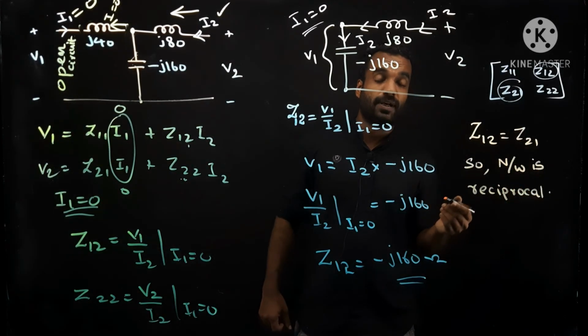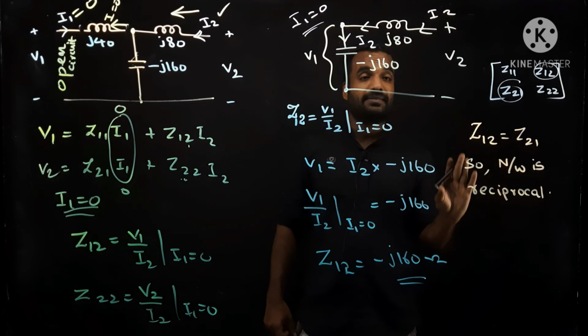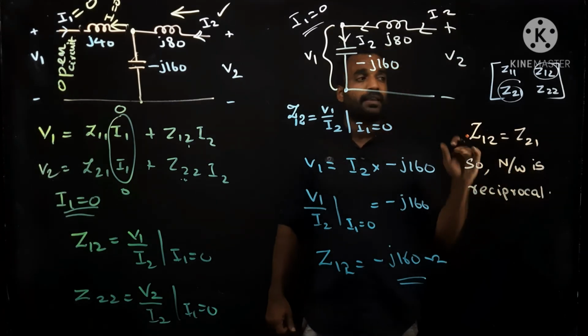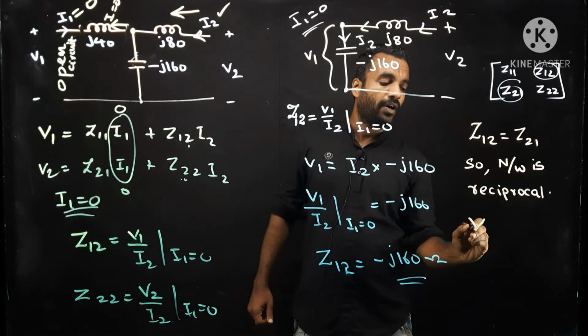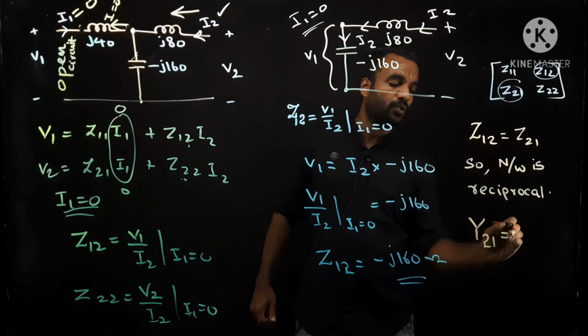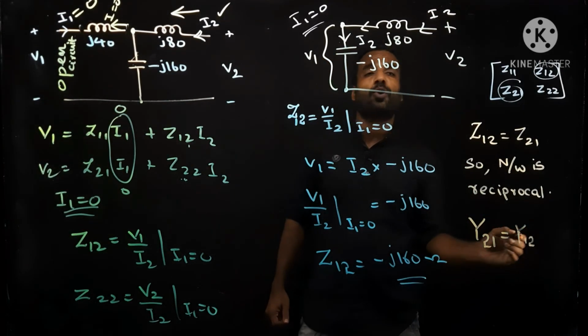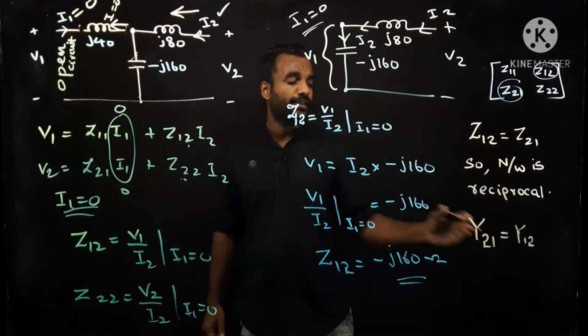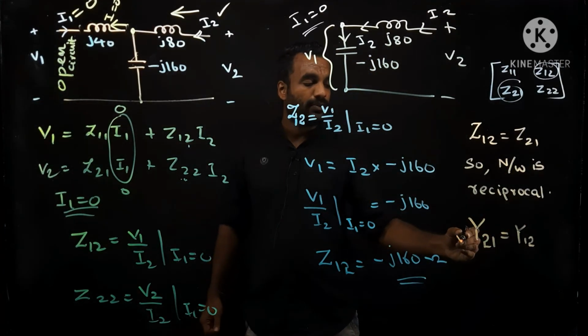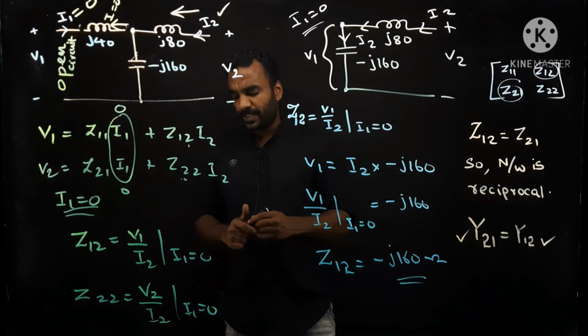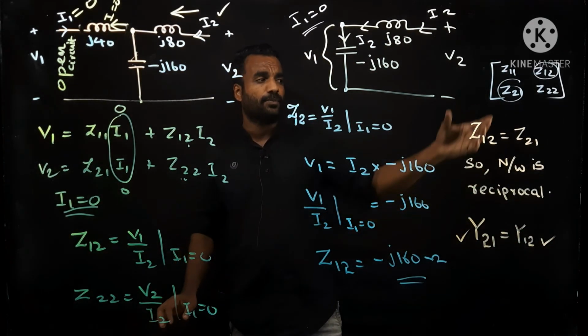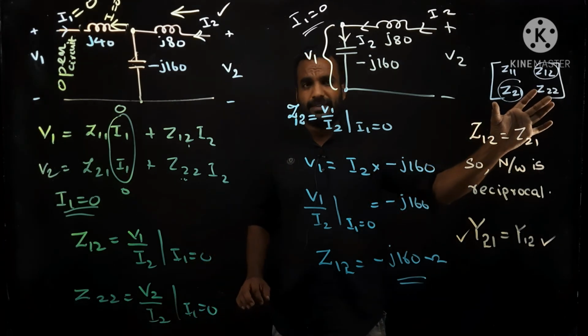Also, as this network is reciprocal, its Y parameters will also give the same result, that is, Y21 will be equal to Y12. So don't waste time calculating both. Either calculate Y21 or Y12, both are the same. That is one piece of information we get from the basic Z matrix.